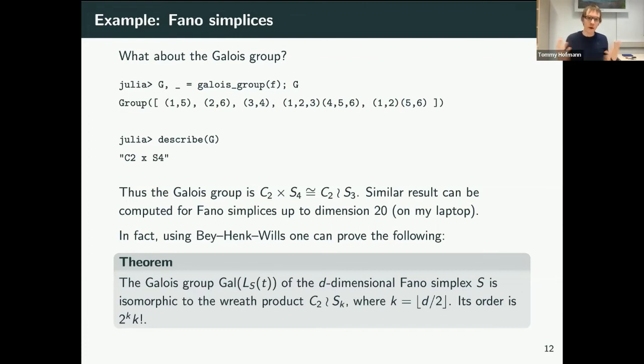Okay, so already by just playing around with a computer algebra system which is powerful enough to compute these objects, we found a pattern, and could prove that the Galois group has a certain form, which I think is a very nice result.